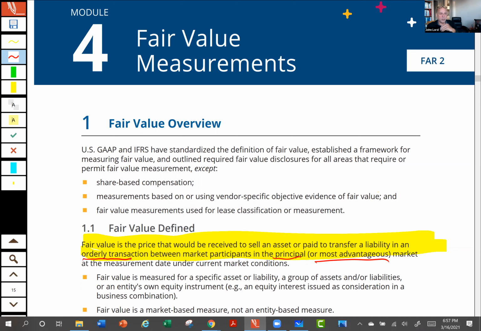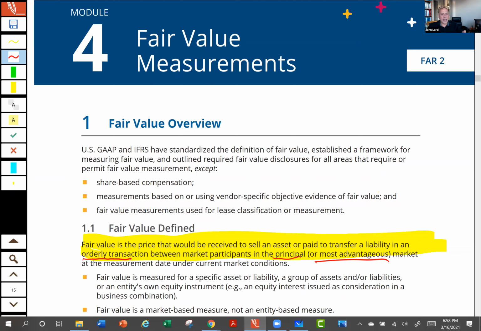People got into these mortgages where after a while, a payment that was $2,500 a month became a payment of $5,000 a month, $7,000 a month, more than they made. Do you think those people were selling their homes in an orderly transaction? No, they were just trying to get out from under, right? So that's not the kind of thing we're talking about.